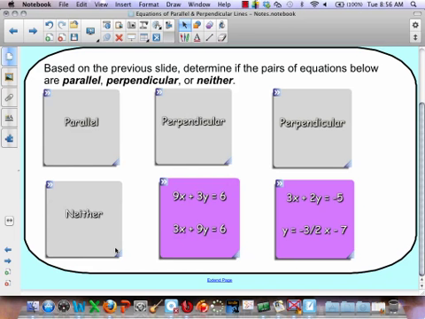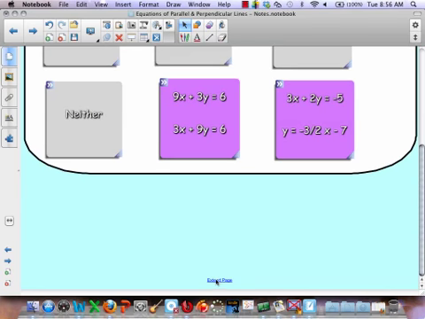If I look at the next one, 9x plus 3y equals 6, and 3x plus 9y equals 6. So Ashley, what do you think? I'm not sure. Okay, well, let's try this. If we're not sure, we can put those into slope-intercept form.